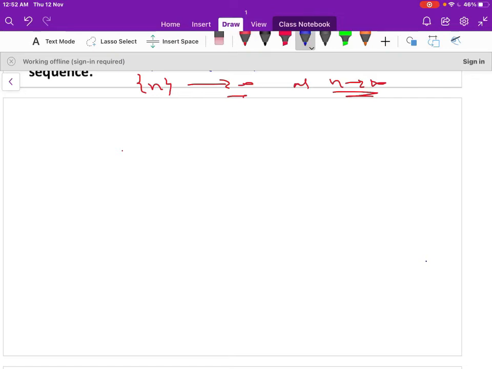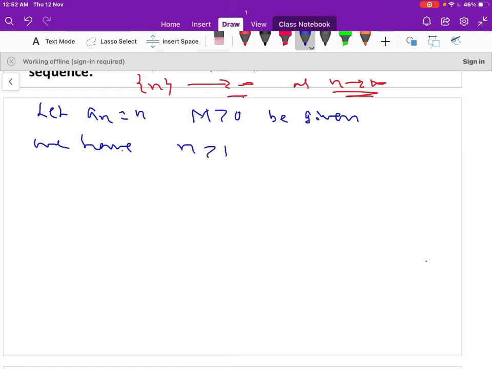Let us move to the definition of the divergence of a sequence. Let a n be equal to n here. Let M positive be given. We have n is greater than M. For example, a1 is 1, a2 is 2, a3 is 3, like this it goes.